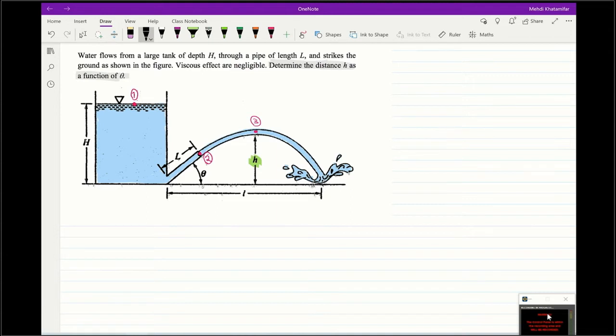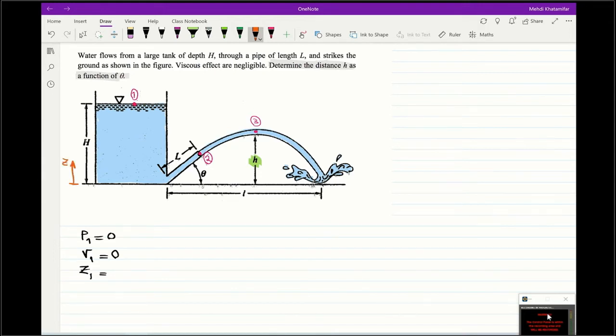So let me write the information I have. P1 is 0. V1 is 0. And Z1, elevation. Now I need to make a decision: where is my datum? The easiest is to consider 0 here.